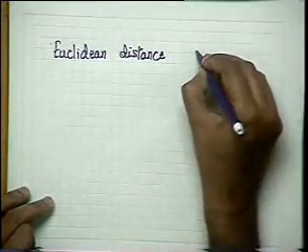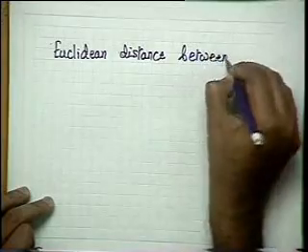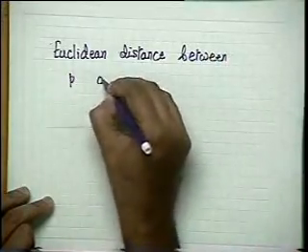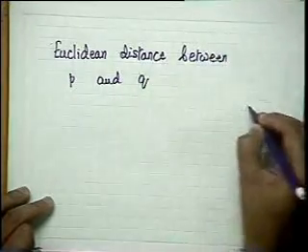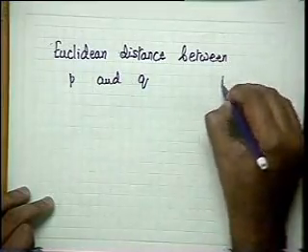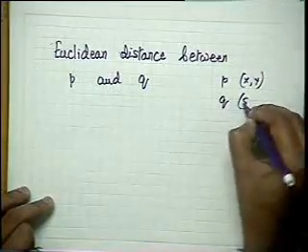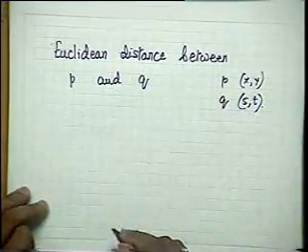Obviously, the distance is between the points P and Q, and you remember P has coordinate x, y, and Q has coordinate s, t. Okay.